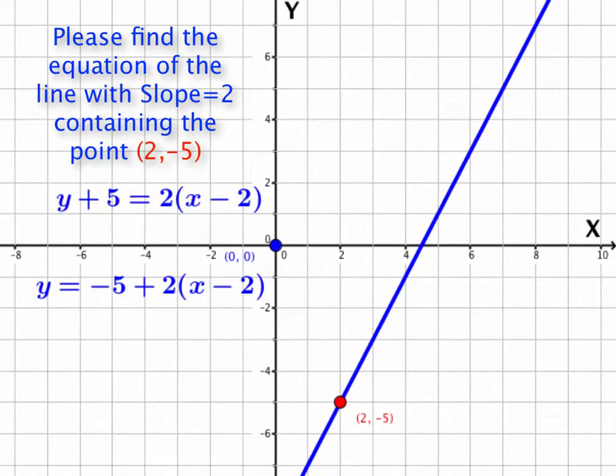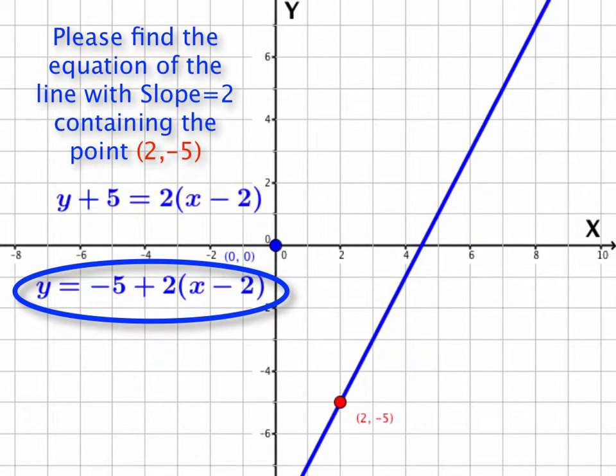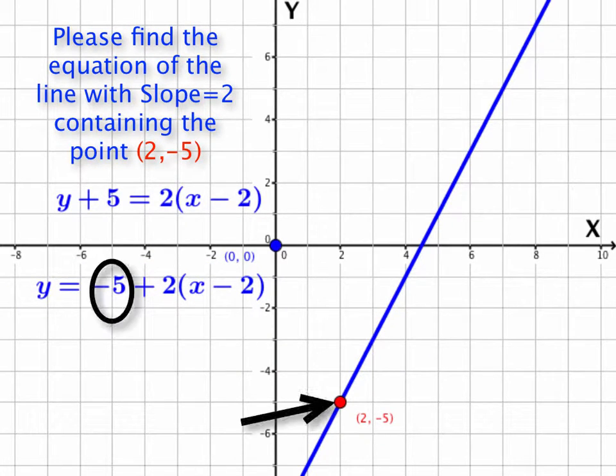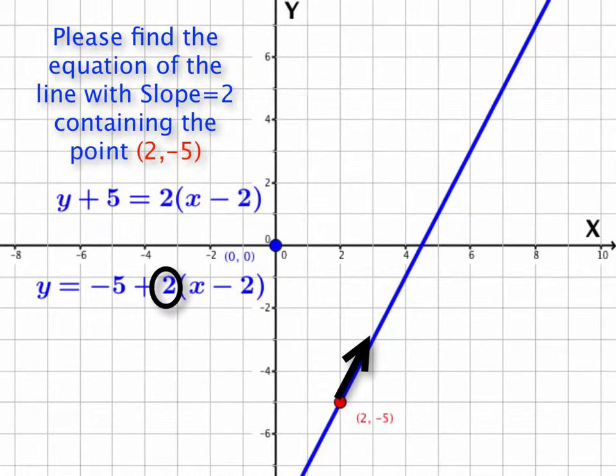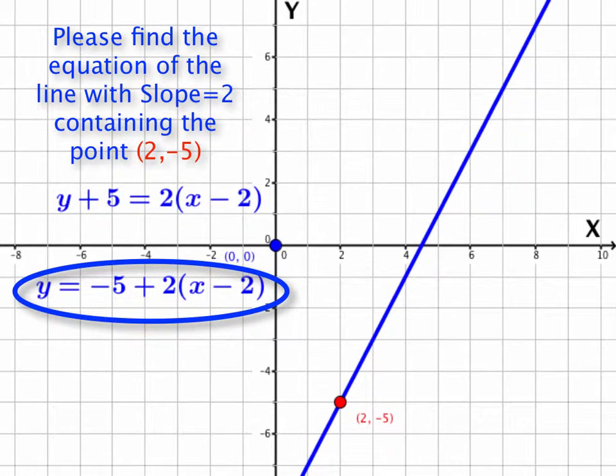And this form of the equation in y equals form looks very similar to our slope-intercept form from before. But of course, negative 5 is not our y-intercept in this case. But you can kind of think of this as saying, well, y starts at negative 5 when x is 2, and of course then grows at a rate of 2 every time our x value increases by 1. So very similar to the slope-intercept form of a linear equation, just a little bit different.